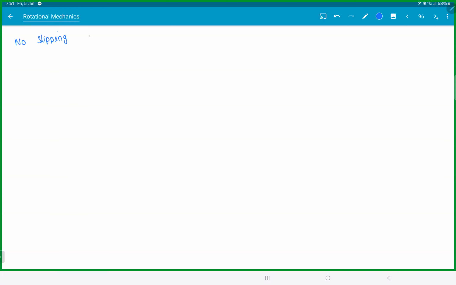What is the meaning of no slipping? The surfaces in contact have a 0 relative velocity. The surfaces in contact have same velocity and acceleration. That's it. Simple. Remember that thing.